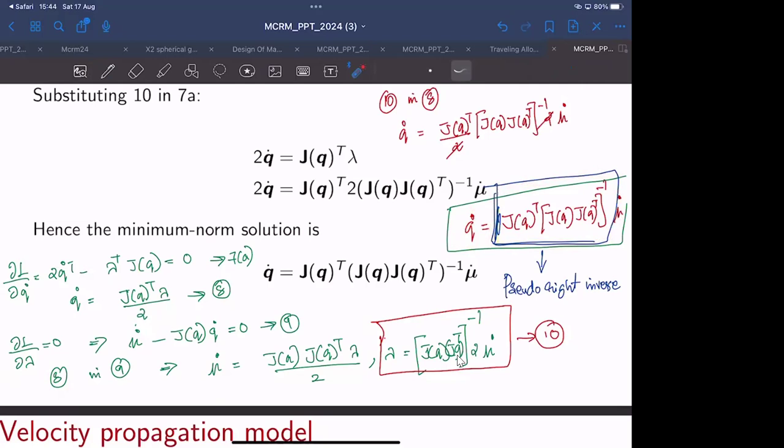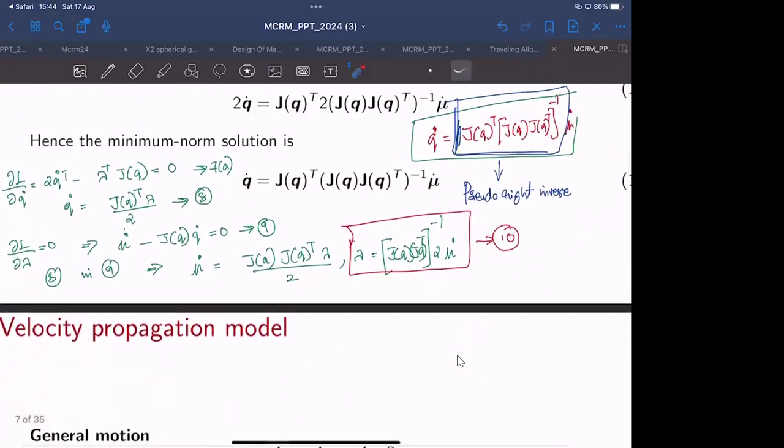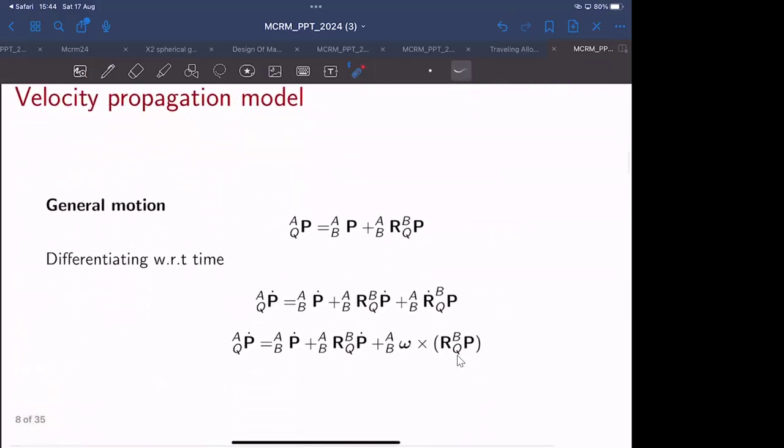That is how the derivation comes; it's nothing but a manipulation of these two equations. Depending on the scenario, you will have to use either the pseudo left inverse or the pseudo right inverse.